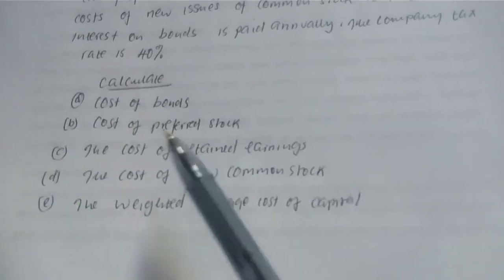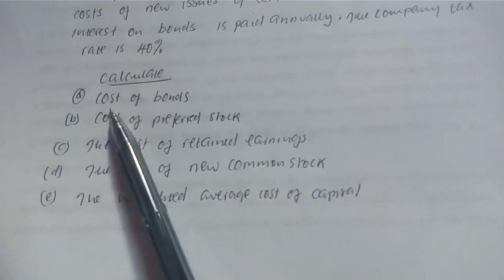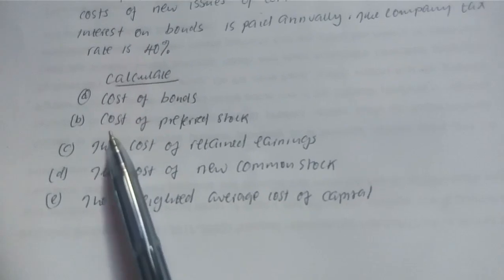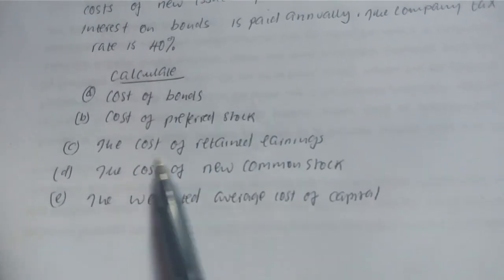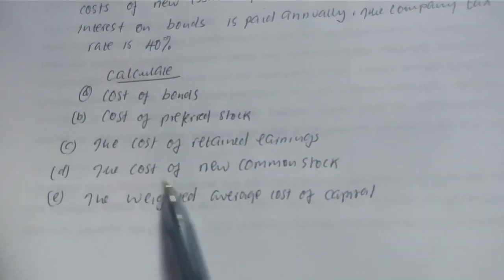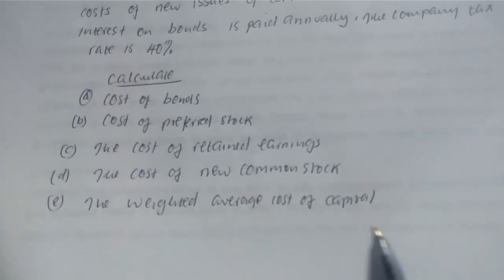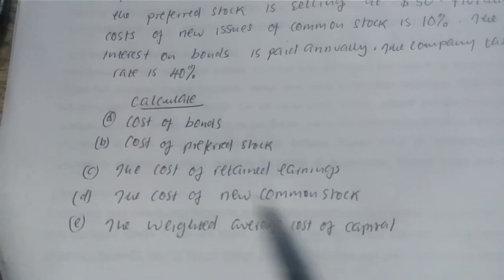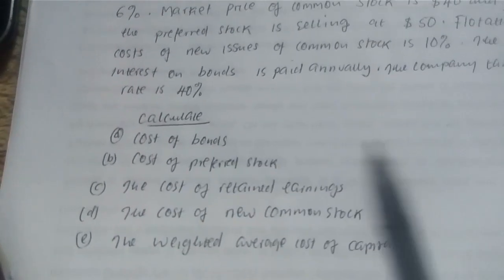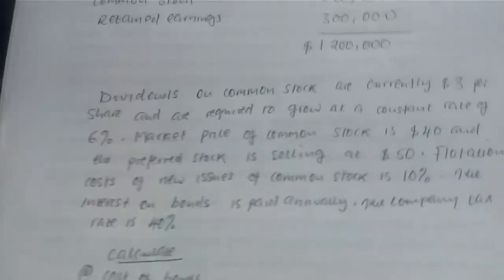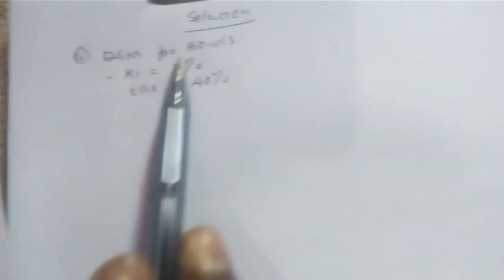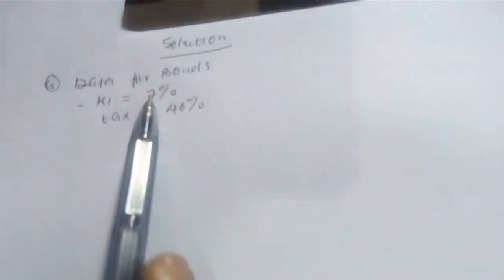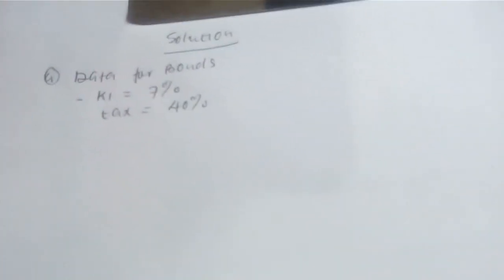So in this question, we are required to calculate the cost of bonds, the cost of preferred stock, the cost of retained earnings, the cost of new common stock, and the weighted average cost of capital. So we will begin our calculations with the cost of debt or bonds, which is the same as debt.